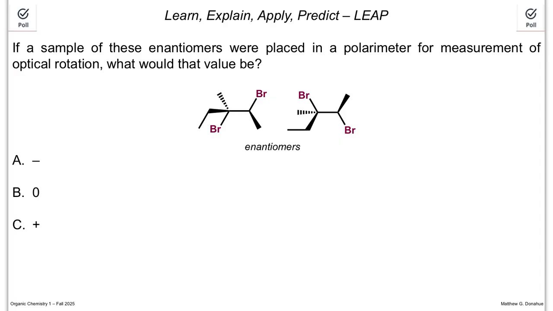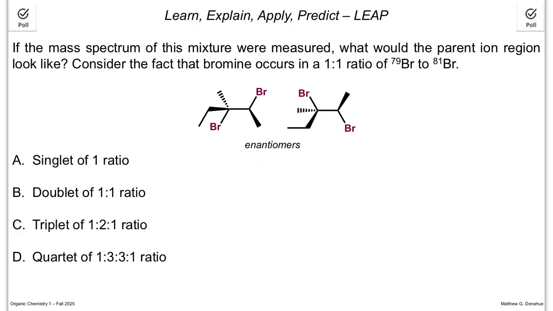So if you took the product mixture in a sample cell and analyzed it by polarimetry, what would the sign of the optical rotation be? So this has to be 0. You'll earn your money on this one.